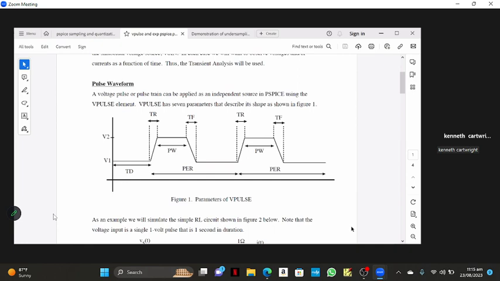In this diagram, we want to make TR and TF, TR is the rise time, TF is the fall time, very small compared to the period. PW is not the period, PW is the pulse width. And we want to make the pulse width very small compared to the period. So keep that in mind.